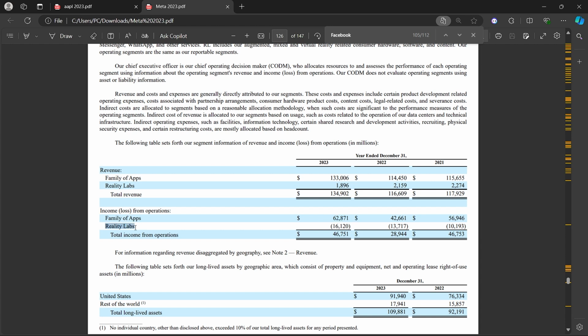but Reality Labs was actually a loss of $16 billion. And you can see that's why Meta is usually under fire from investors about these Reality Labs of theirs. They're not making any money on these things because you can see here the spending was bigger than the revenue they got from their Reality Labs.